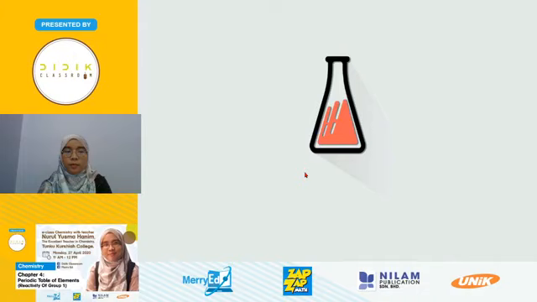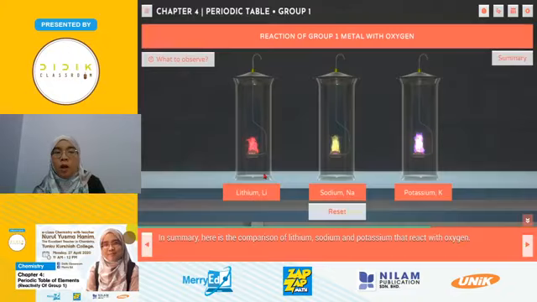Now the reaction with oxygen, all the reactions will produce metal oxide. Lithium reacts with oxygen to produce lithium oxide. Sodium reacts with oxygen to produce sodium oxide. And the same goes for potassium, we produce potassium oxide. All the metal oxides here are white solids.